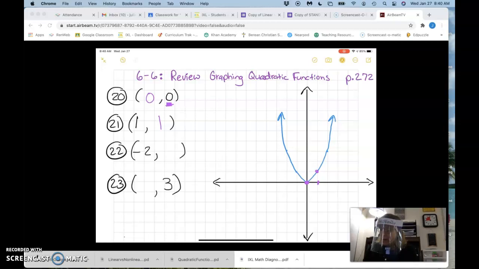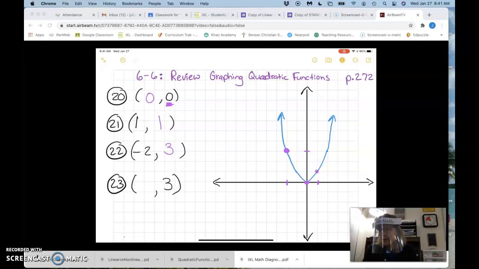When x is -2, what is y at? Yeah, +3 actually, because we went up. And then the last one, if y is at 3, what is x at?